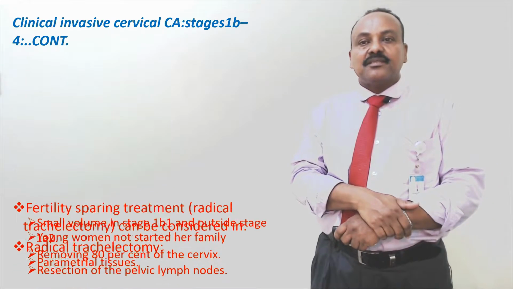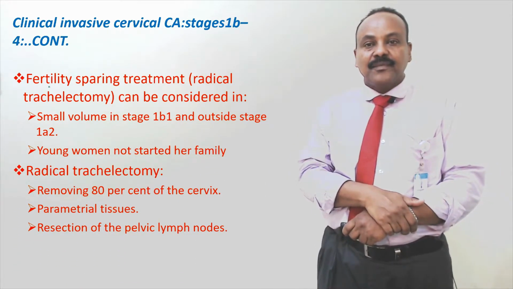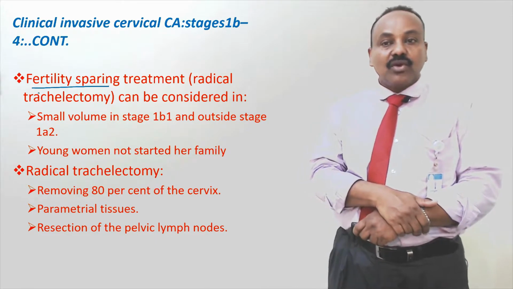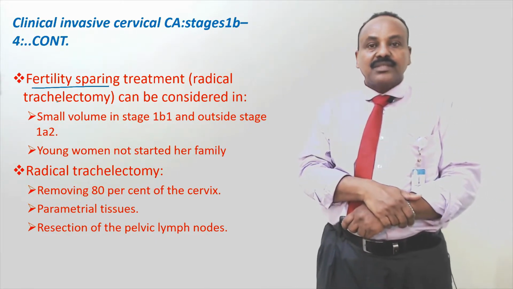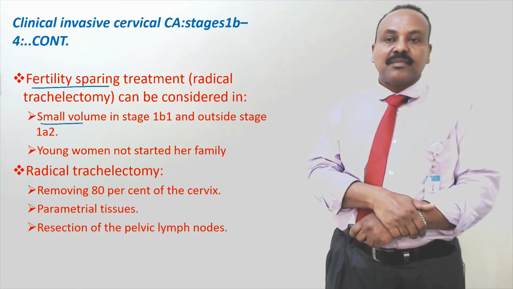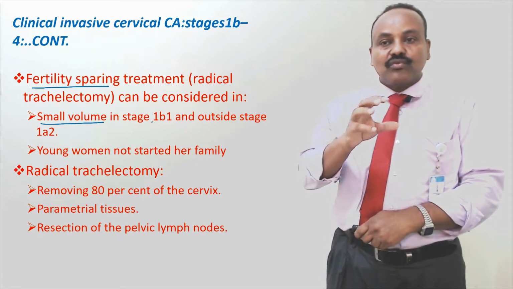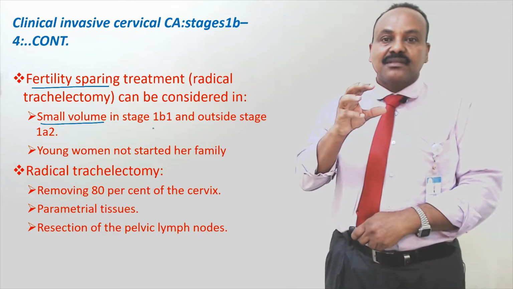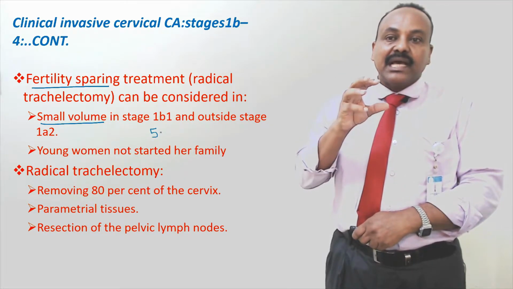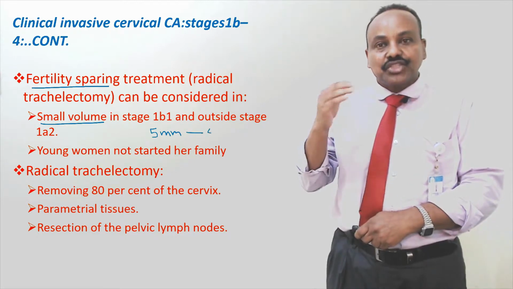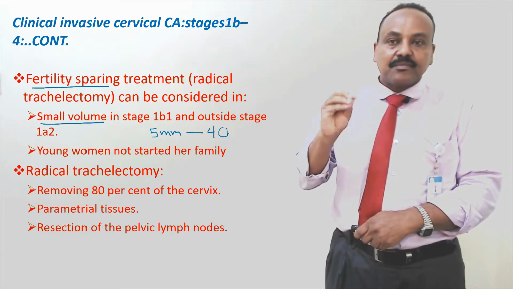Fertility sparing treatment, radical trachelectomy. This is what I mentioned before. It can be considered in small volume. What is fertility sparing treatment? It means removing only the cervix and allowing the uterus, because the woman wants children.